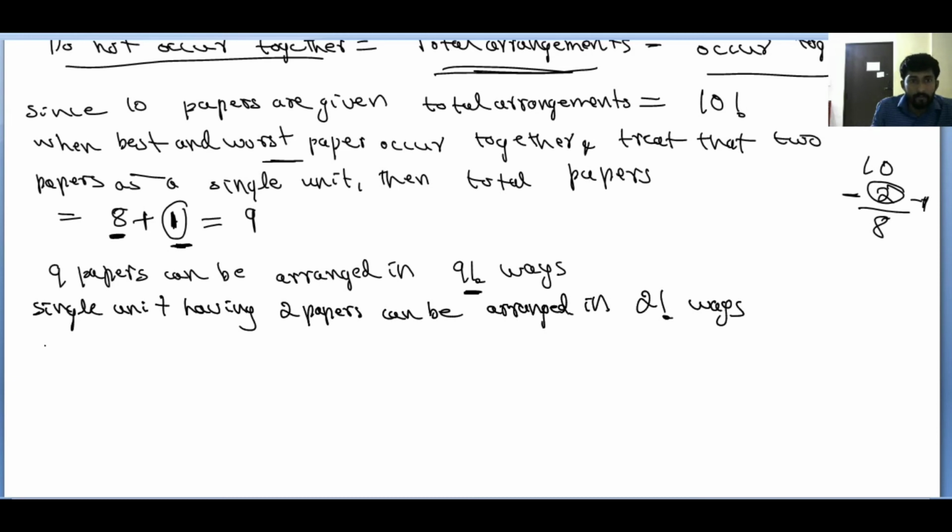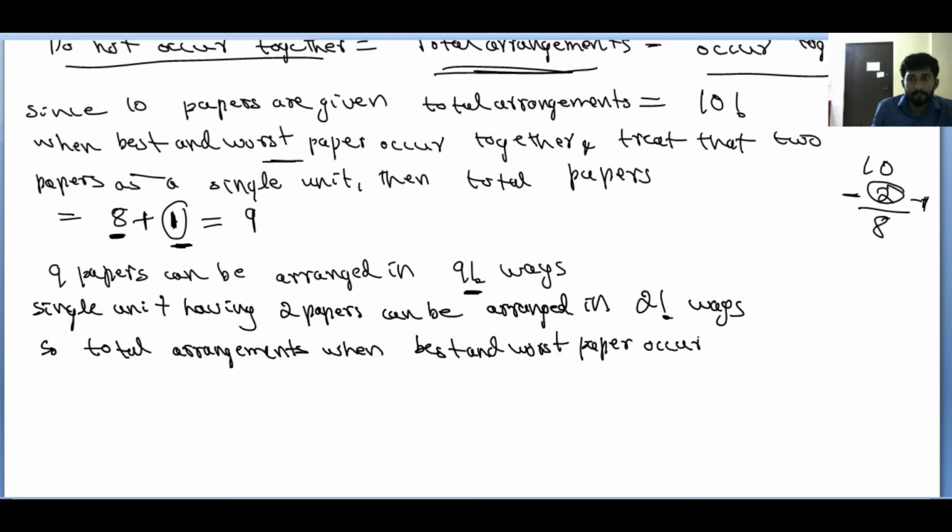So total arrangements when best and worst paper occur together is equal to 9 factorial ways followed by 2 factorial ways. This is the arrangement when best and worst paper occur together.